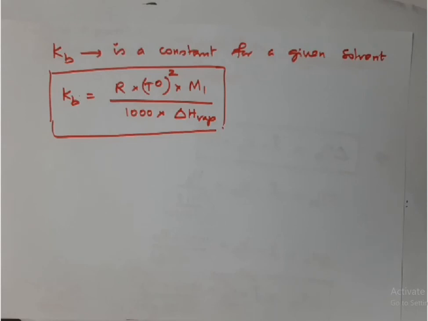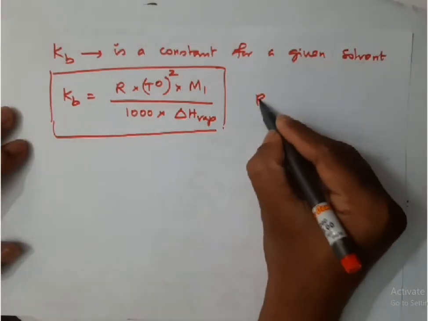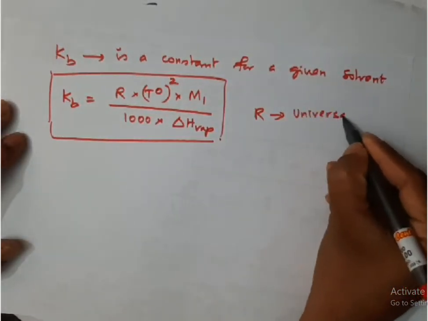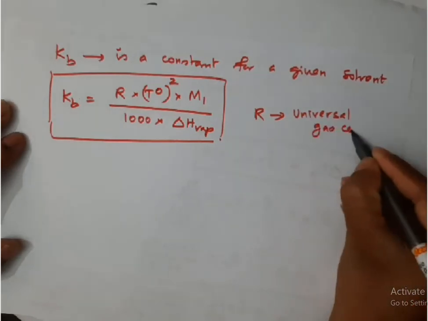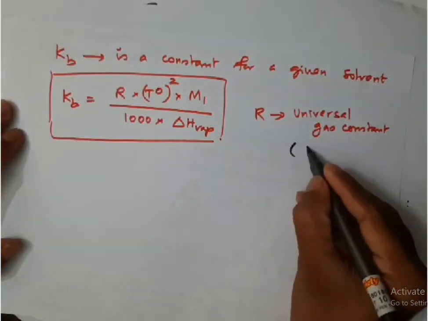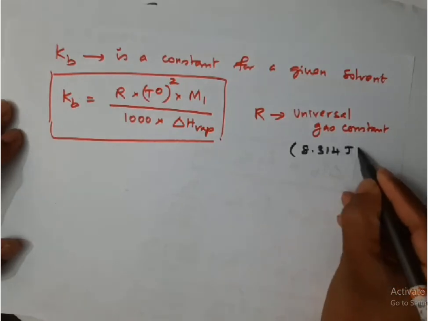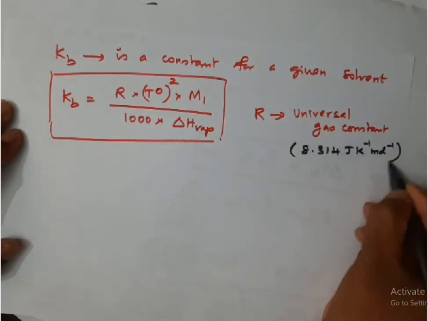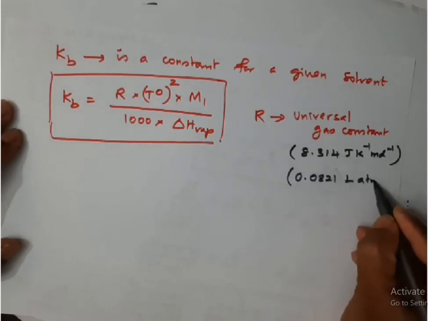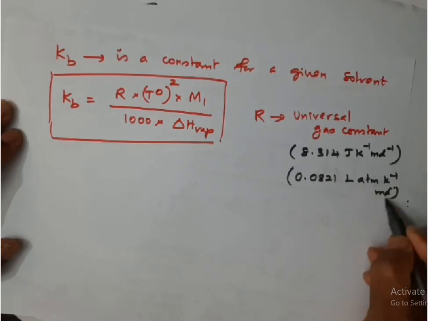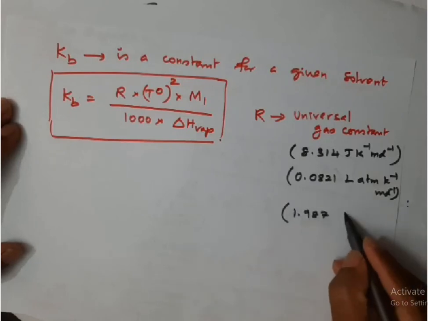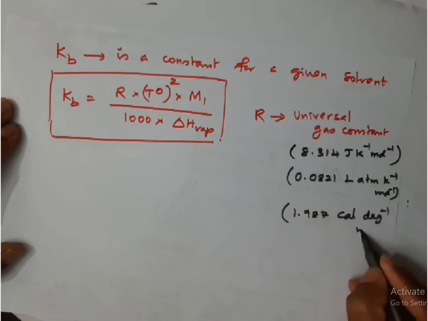Here R is the universal gas constant, and the value of R is 8.314 joule per Kelvin per mole, or you can use 0.0821 liter atmosphere per Kelvin per mole, or you can use 1.987, roughly 2, calorie per degree per mole.